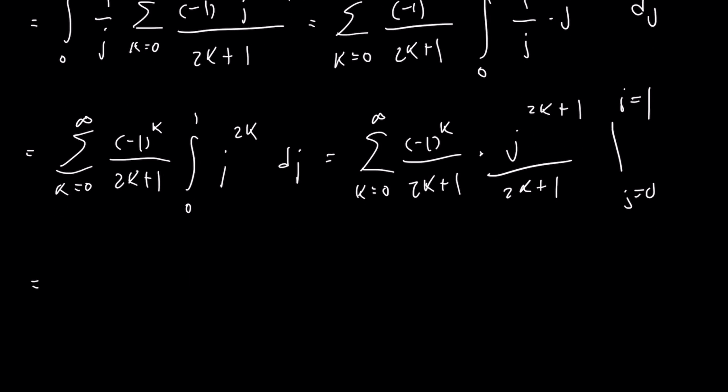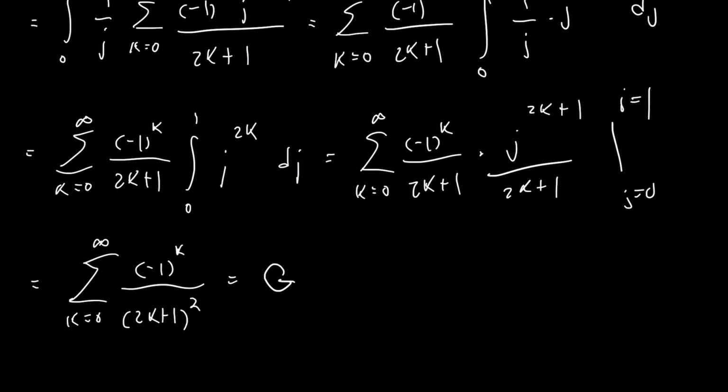But this is just the sum from 0 to infinity of negative 1 to the k over (2k plus 1) squared. And this is known as a famous constant called Catalan's constant. It's denoted with a G.